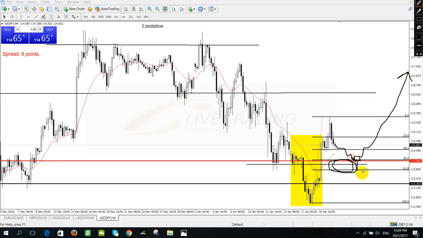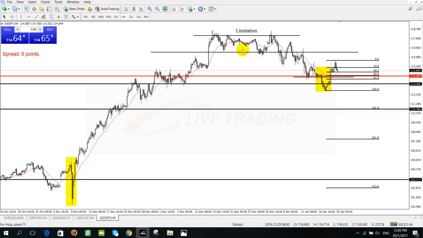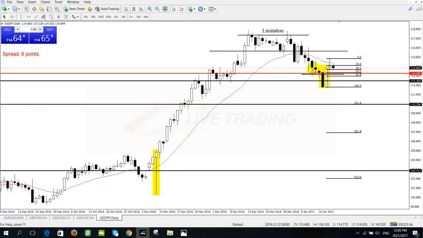But if it breaks below this, and since you're holding a sell position, break below this and create a new low, then the downtrend continues.